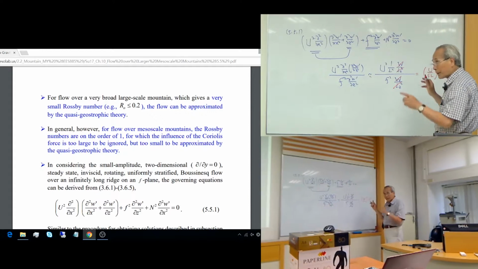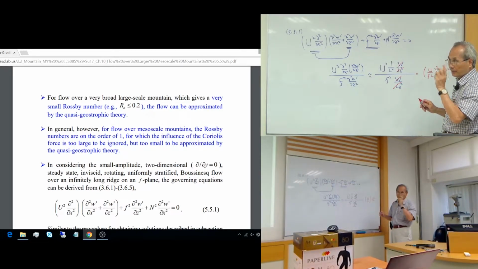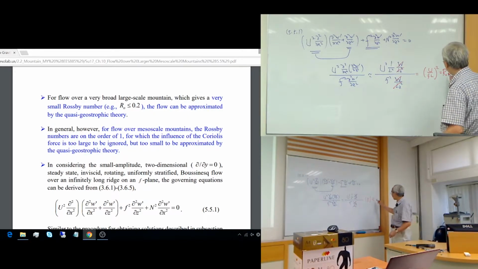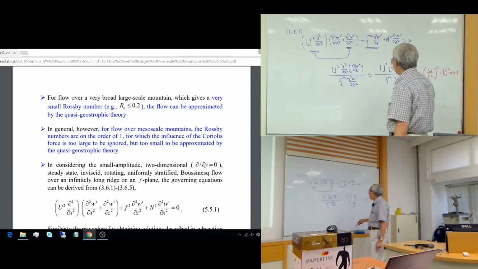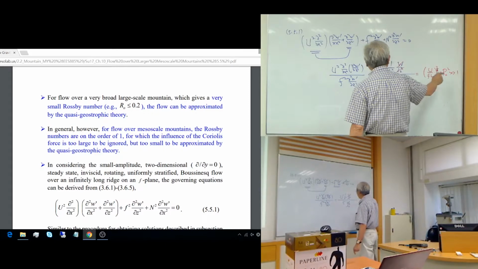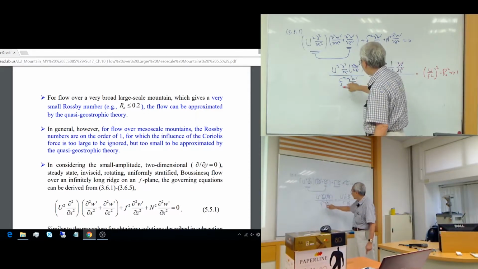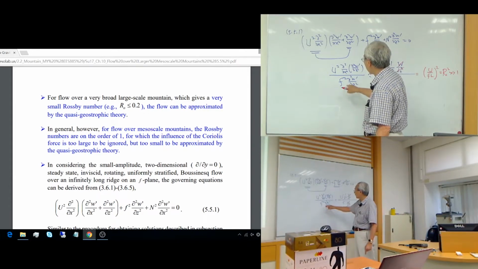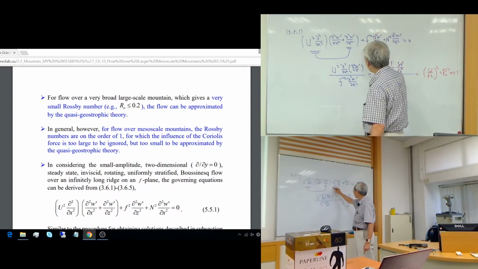So if the Rossby number is much greater than 1, then this term is dominated by that term, so this can be ignored.